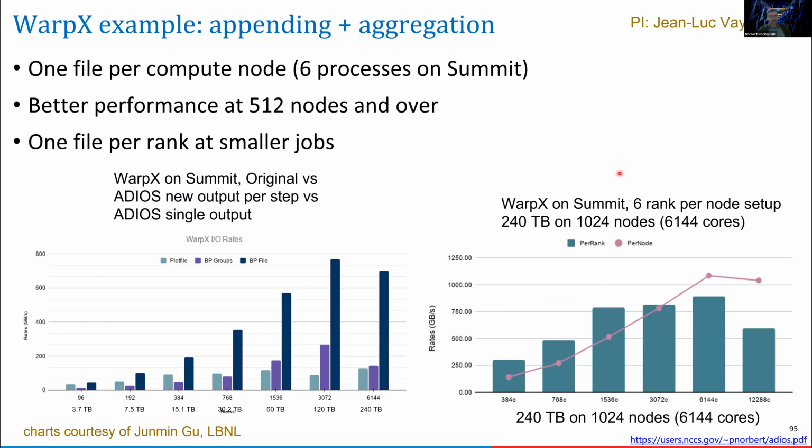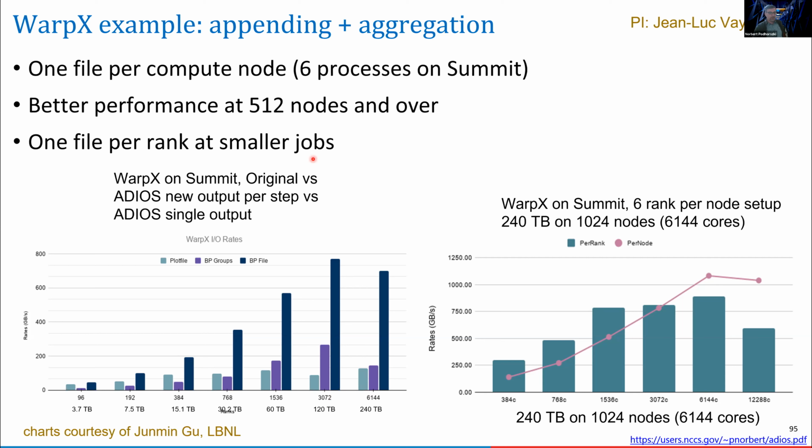And the same story was with WarpX that you could hear today in the morning. So just using Adios instead of the original plot file in the AMReX library didn't change much at scale, simply because the AMReX plot file is using the same tricks. It aggregates to a number of files, so it has similar capabilities to Adios by default.